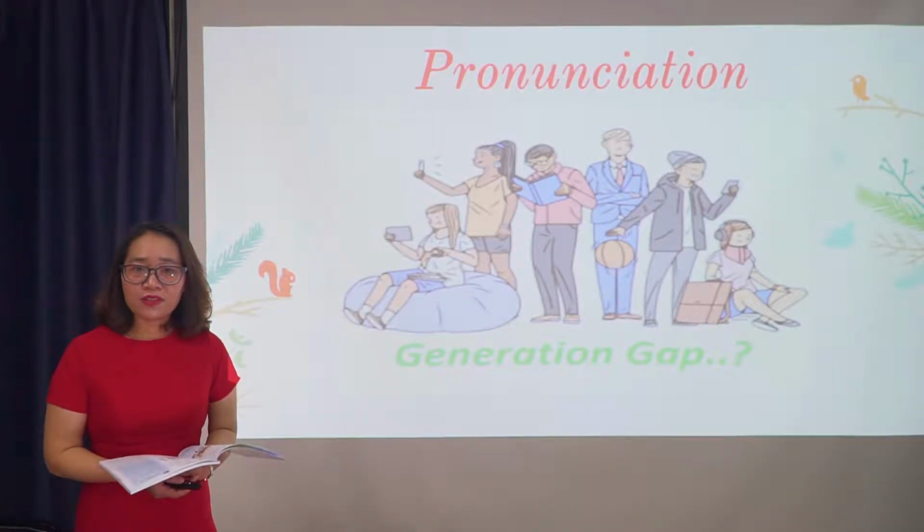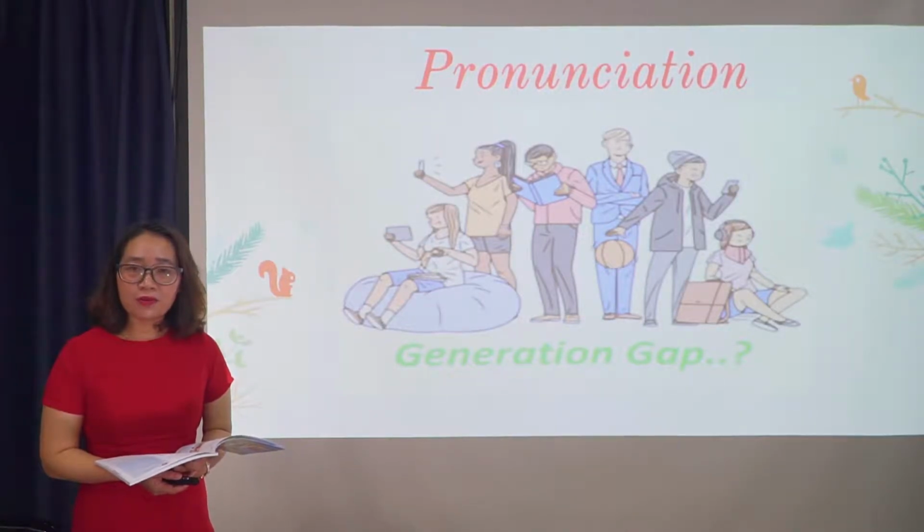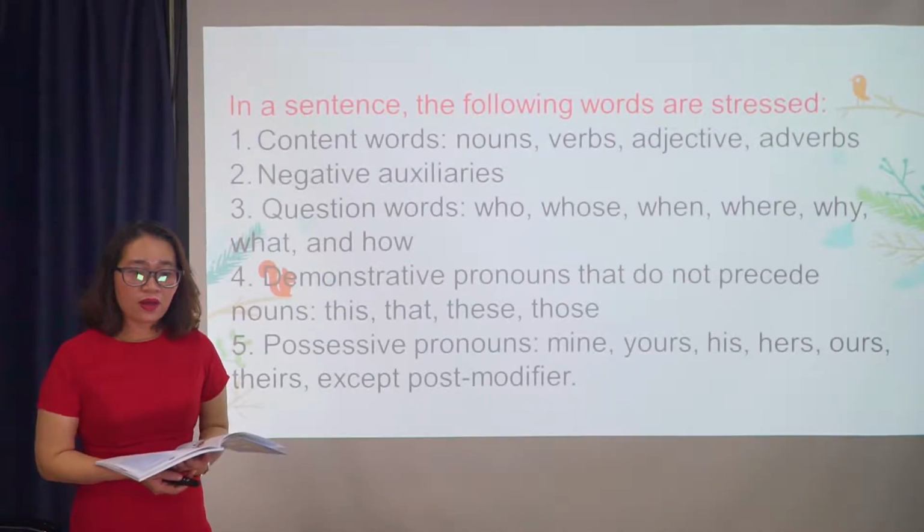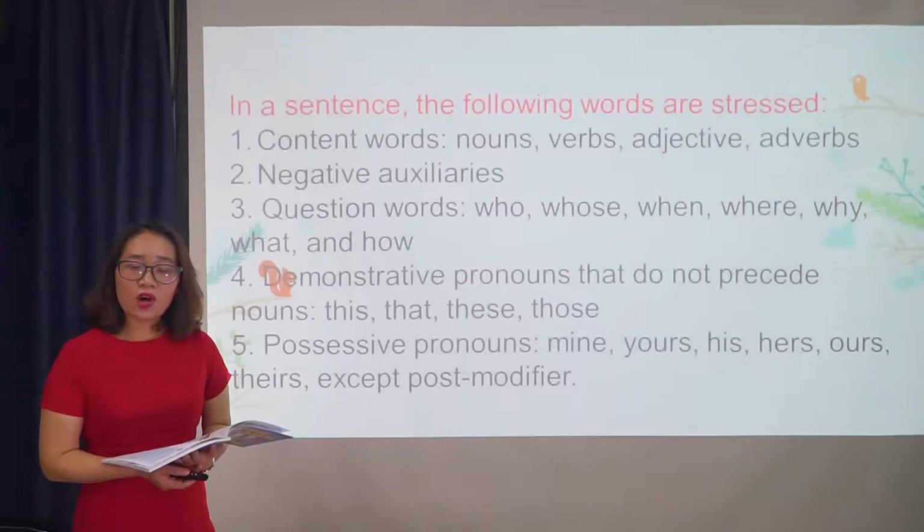Now let's move to the second part of language, pronunciation. Now in a sentence, the following words are stressed. 1. Content words like nouns, verbs, adjectives, or adverbs. 2. Negative auxiliaries. 3.